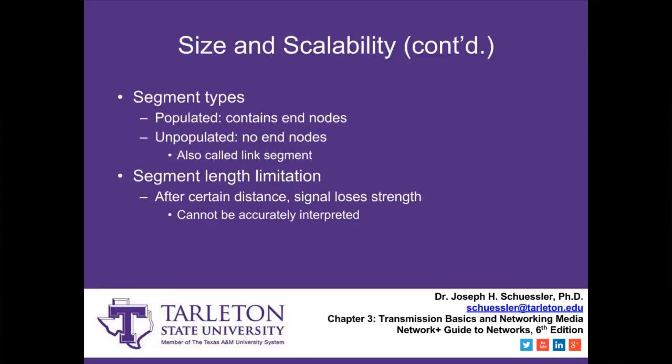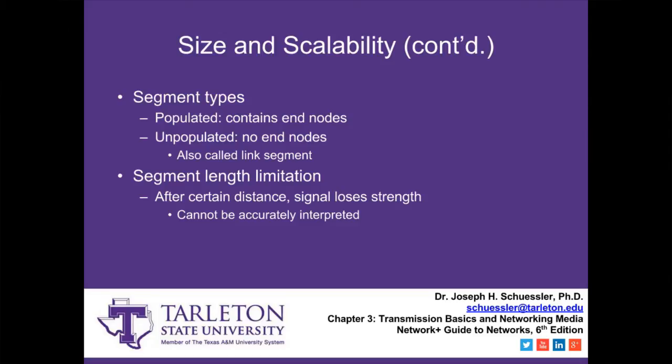Another consideration: size and scalability. The segment types. How populated or unpopulated are they? How many nodes are there on a particular segment? If you've got lots of nodes on a particular segment, you're going to tend to have a lot more of what's referred to as a domain collision, where too many nodes are trying to talk at the same time.